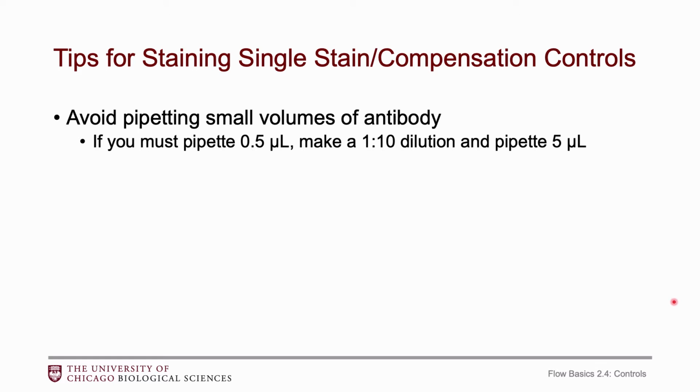And in order to pipette those for your single stain controls, I strongly recommend making a dilution. I like to make a 1:10 dilution and pipette 10 times as much, so it's much more accurate. I know it sounds tedious, but you will get better results for your controls if you follow this.